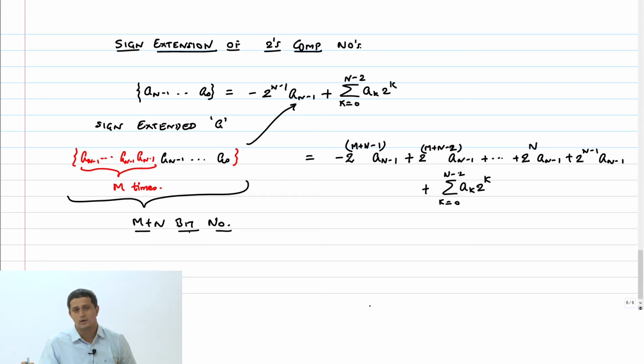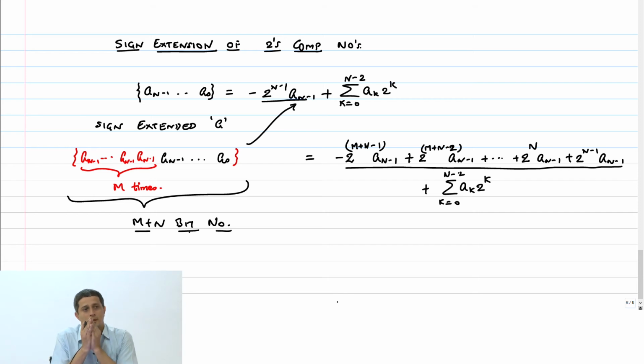Now can you take a n minus 1 common and show that this term is nothing but this value? Just take a n minus 1 common and minus 2 power n minus 1 out from here.